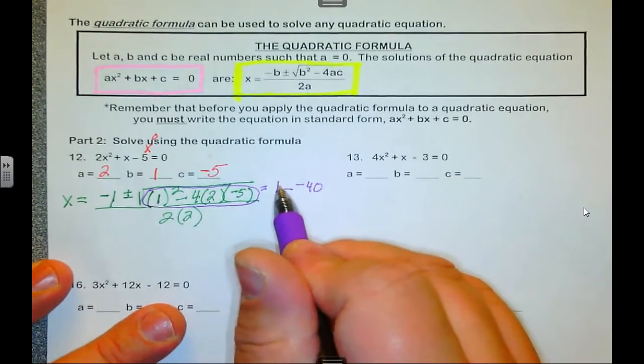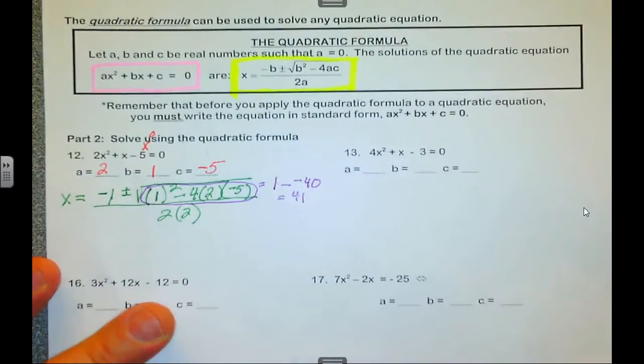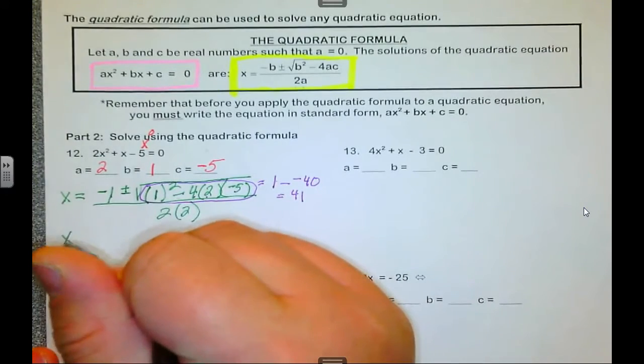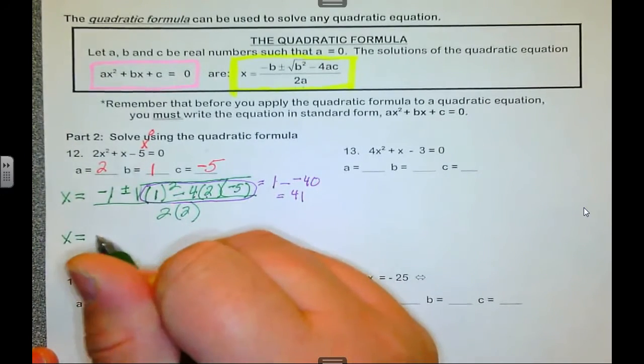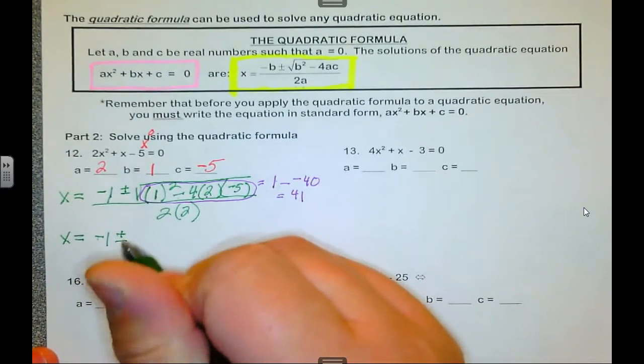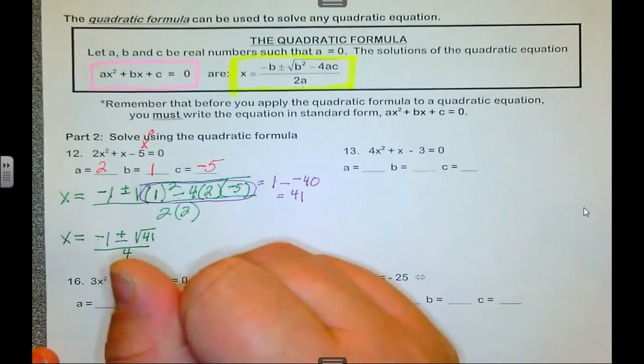So I'm going to replace this with 41. So my x is going to equal negative 1 plus or minus the square root of 41 all over 4.